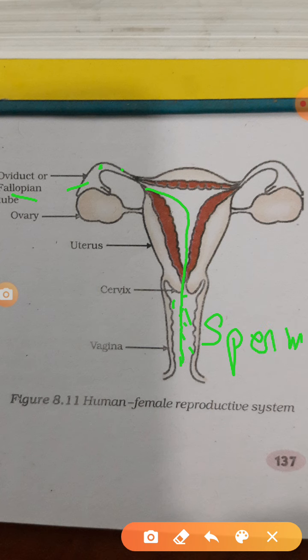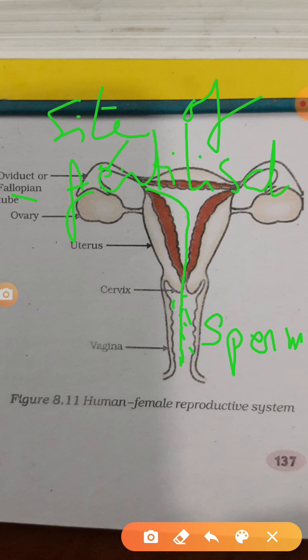So fusion takes place in the oviduct. So the oviduct is the site of fertilization, that is, fusion of male and female gamete.